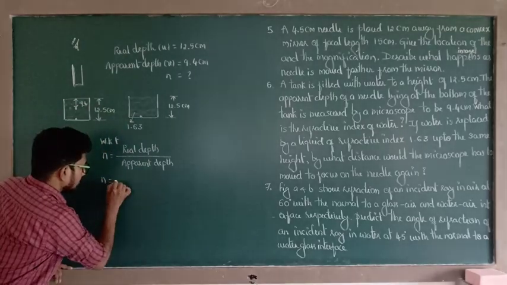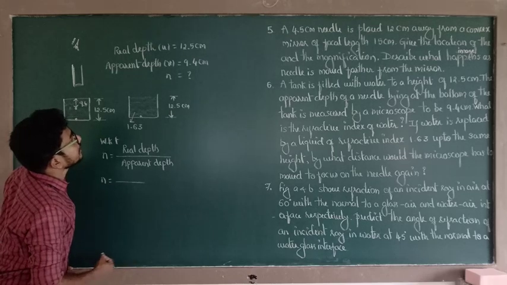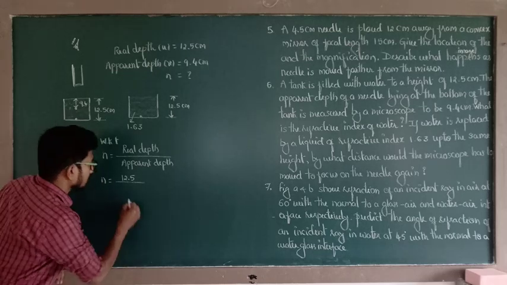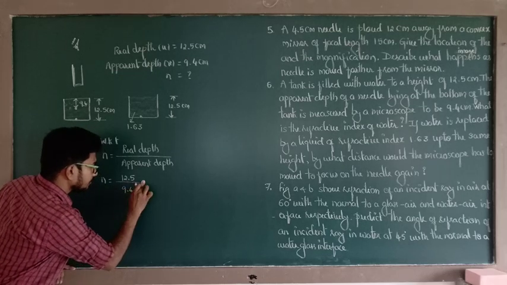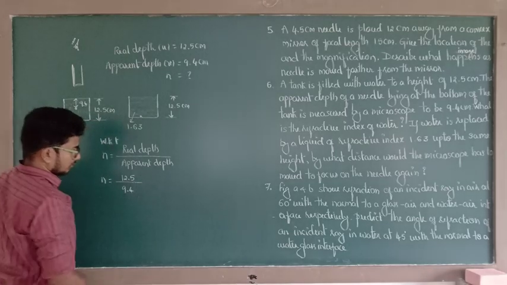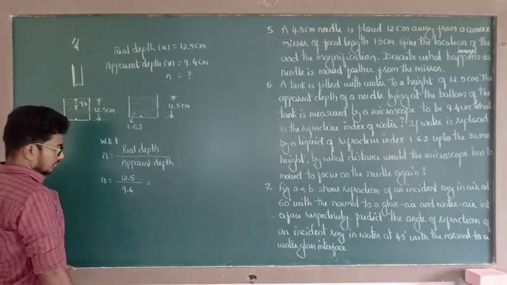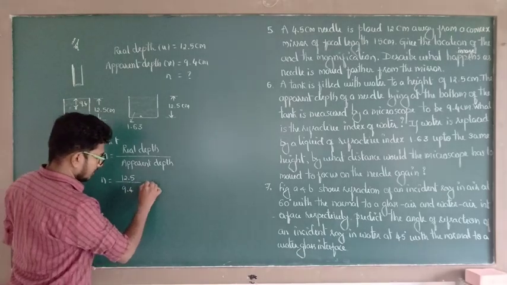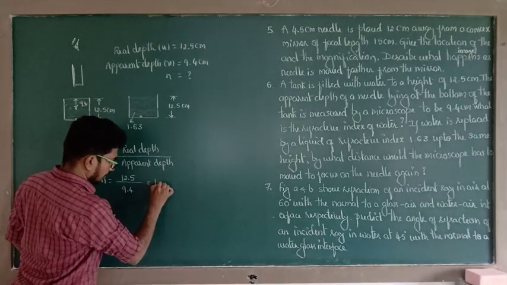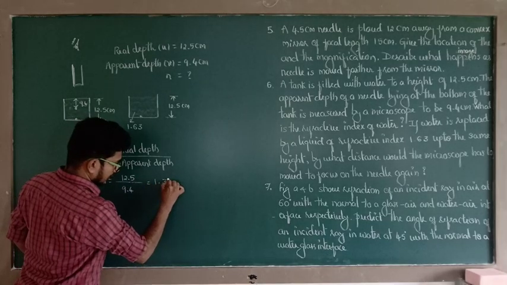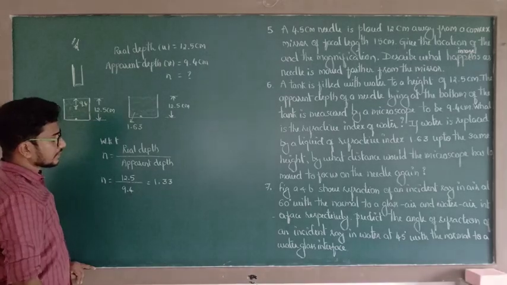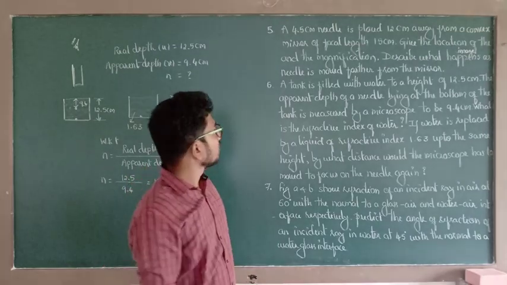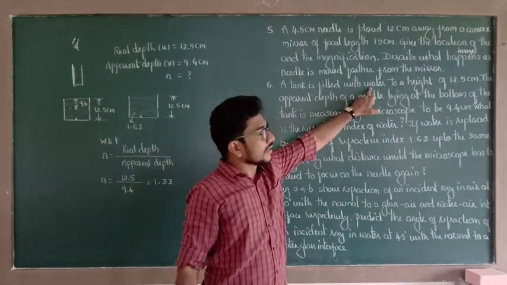From the given data, real depth is equal to 12.5 centimeter, apparent depth is equal to 9.4 centimeter. Solve this one, so you will get approximately 1.33.